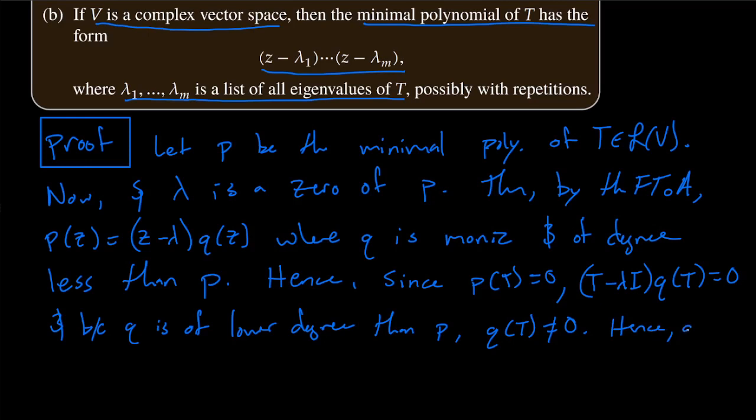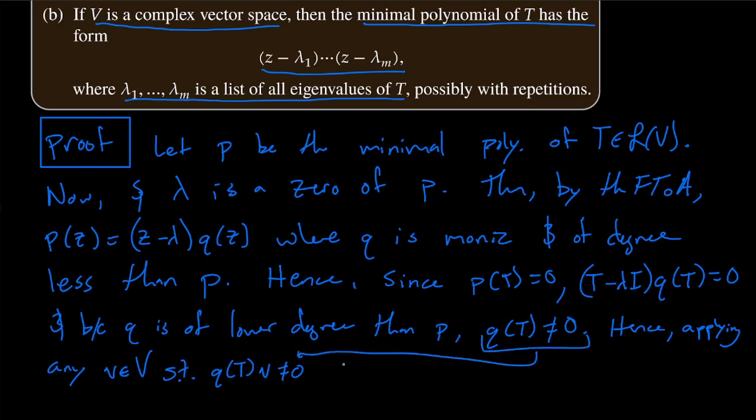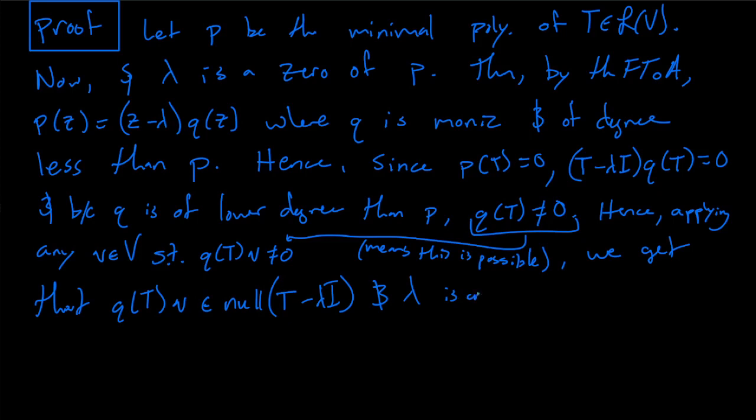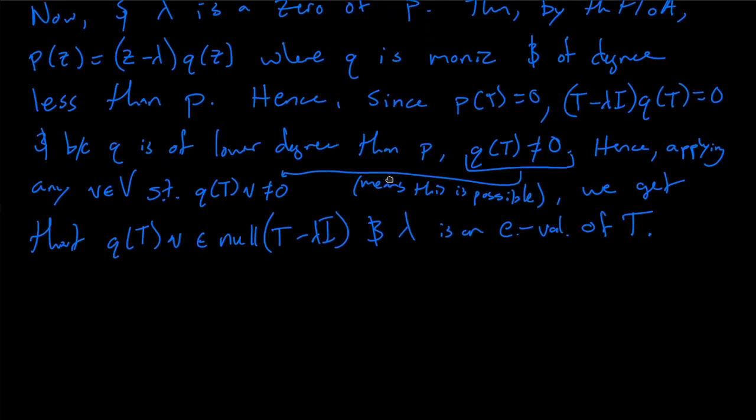Hence, applying any v in V such that q(T)v is not the zero vector, which is possible since it's not the zero map, we get that q(T)v is in the null space of T minus lambda I, and lambda is an eigenvalue of T. Oh, okay, cool.